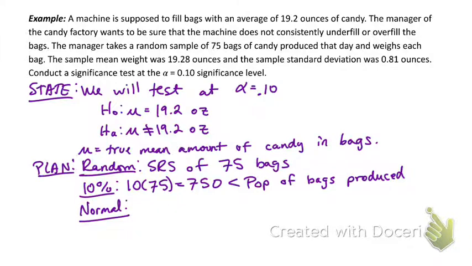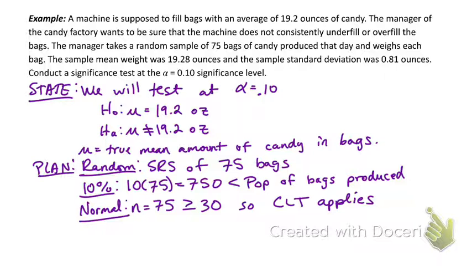Yay! So n equals 75, which is greater than or equal to 30. So the CLT applies. Bonus question. What does the CLT stand for? Central limit theorem. You got it. So central limit theorem applies.